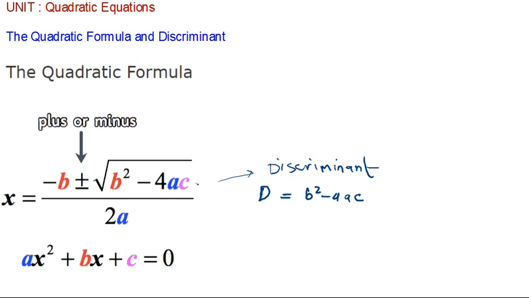Now let's recall the number of solutions depending on the discriminant. If this term is positive, greater than 0, then we have two real roots.